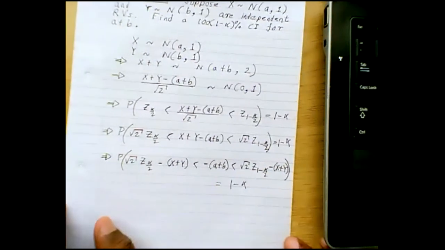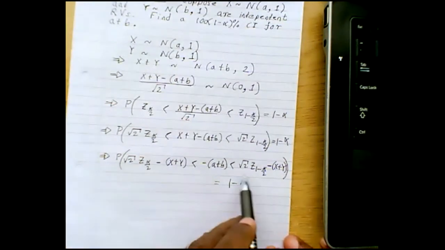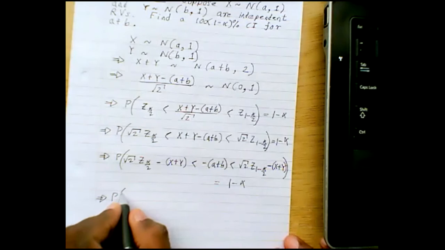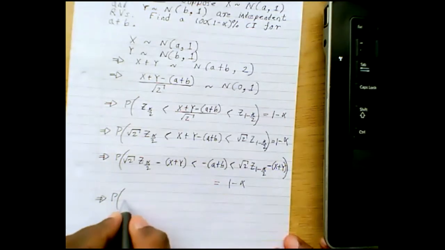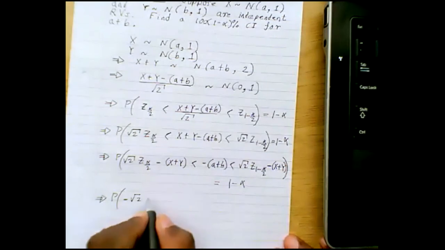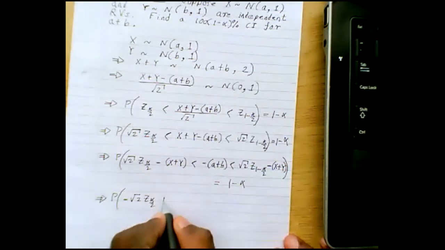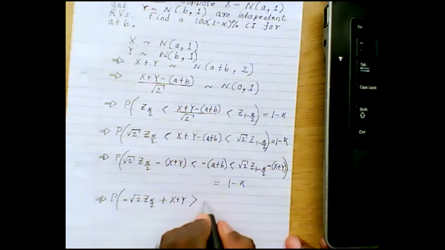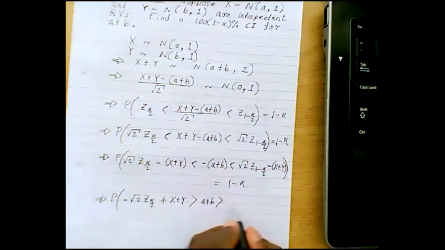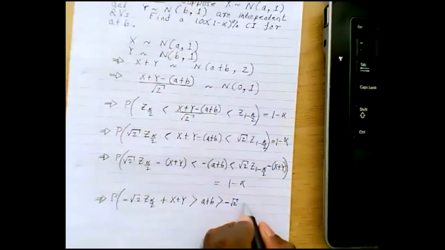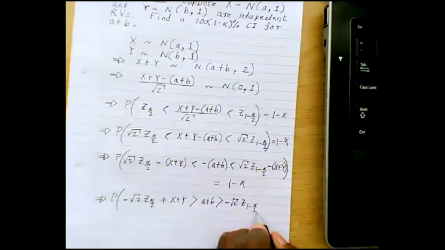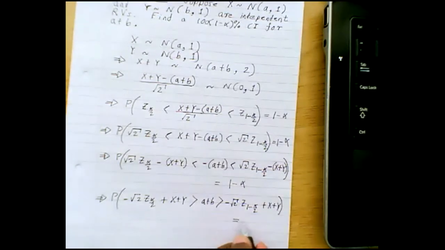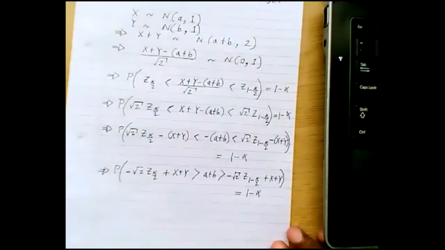And the final thing I'm going to do is multiply every term by -1, right? So whenever you multiply by -1, you need to remember to change the sign. So this will become root 2, less than will become greater than a plus b. All right. Okay, so we're done.